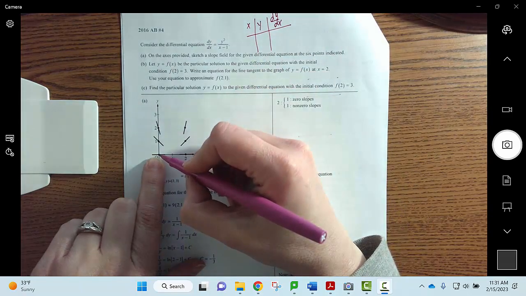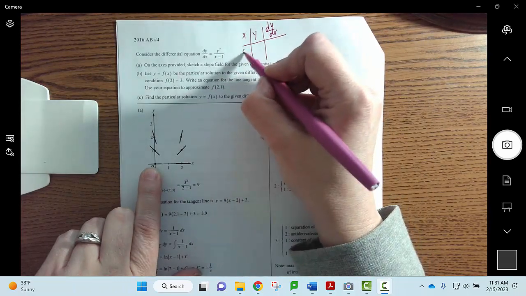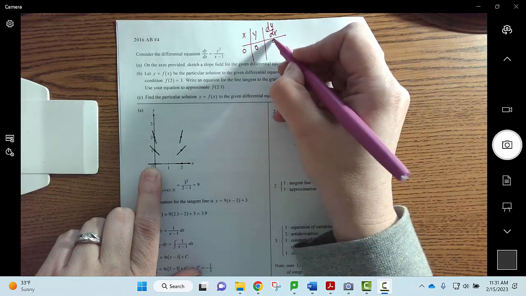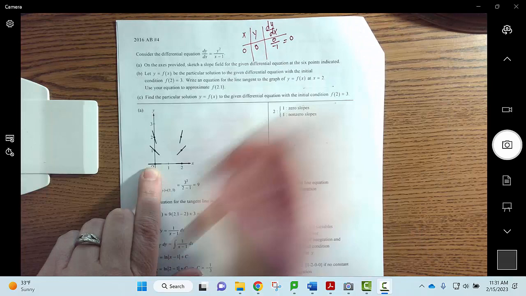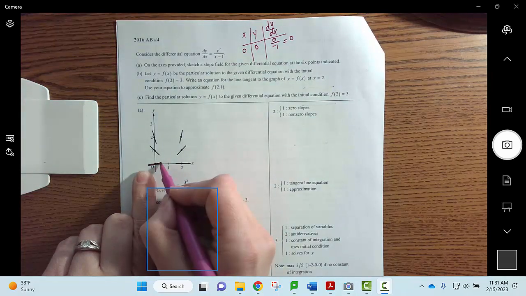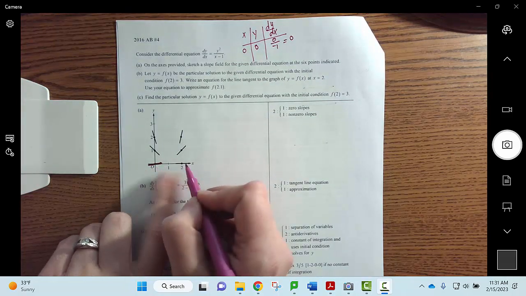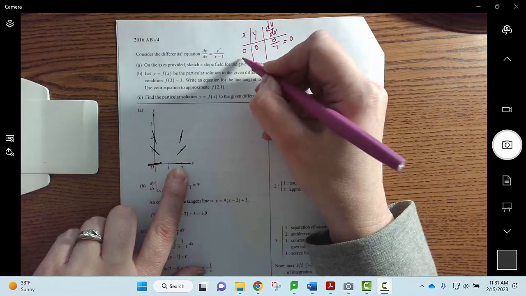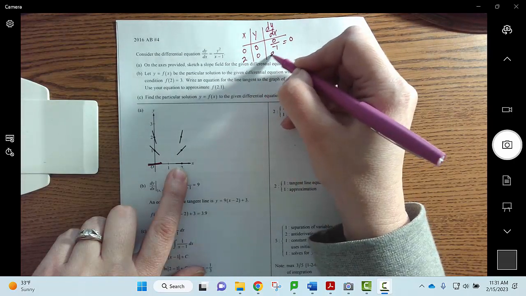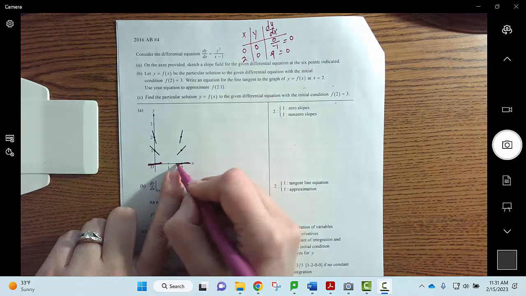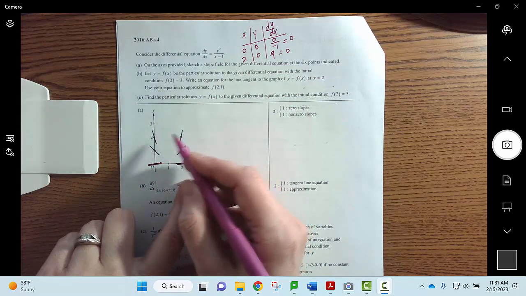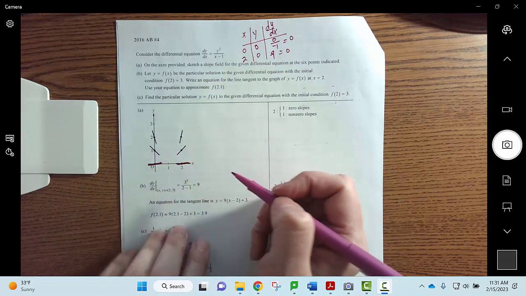So for this point right here, it's (0, 0). We would get 0 over -1, which is 0. So you can see that whoever did this one, this is the answer, has a nice horizontal line there. And then at (2, 0) we also get 0, and so on. We just plug in those points to make sure that we have those correct.